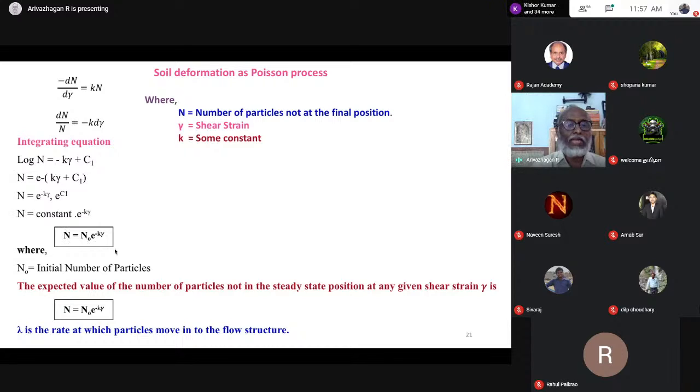So this is a continuous process, and I can find the number of particles at any instant. Therefore, I can rewrite the equation like this: the expected value of the number of particles not in the steady state position at any given strain gamma is n is equal to n naught e to the power of minus lambda gamma. Lambda is the rate at which particles move into the flow structure.